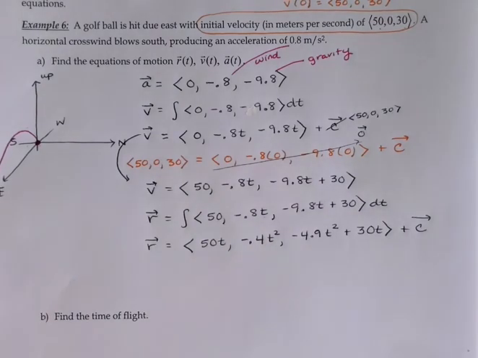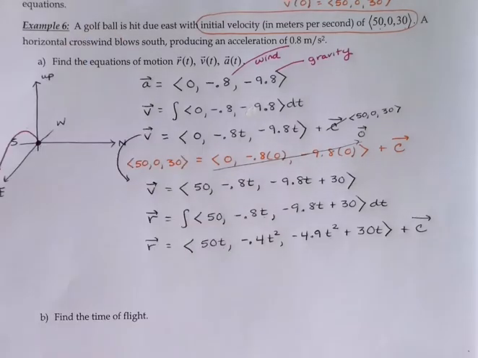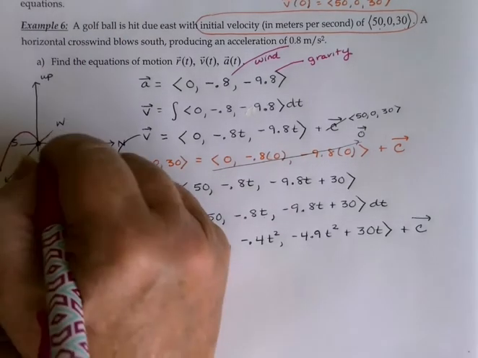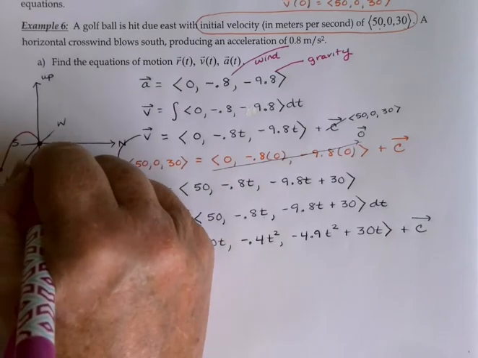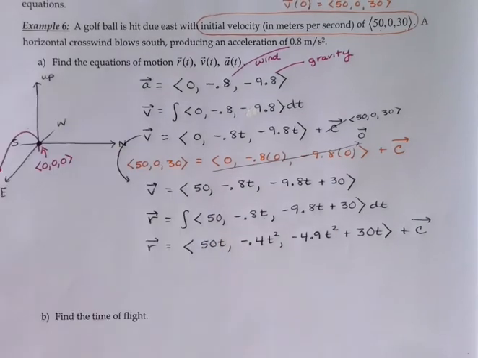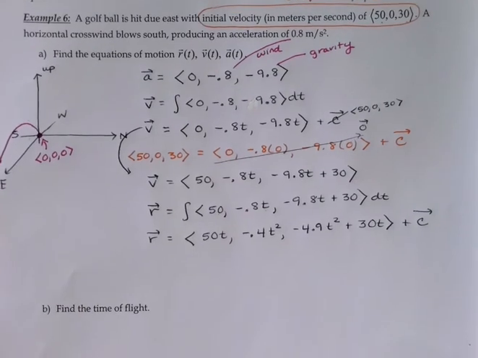Now in this case, they didn't exactly give me the initial position, but again, since this is a golf ball, I would assume that my initial position would be 0, 0, 0, that we've started essentially with a golf ball on the ground. We won't worry too much about the height of a tee.